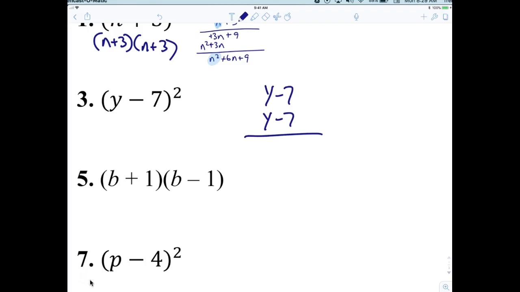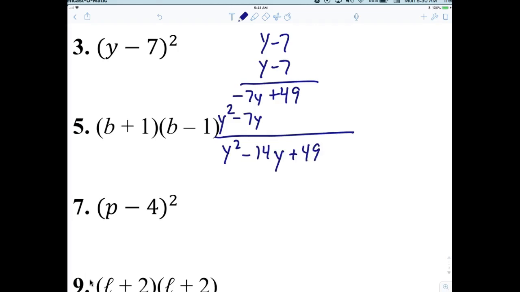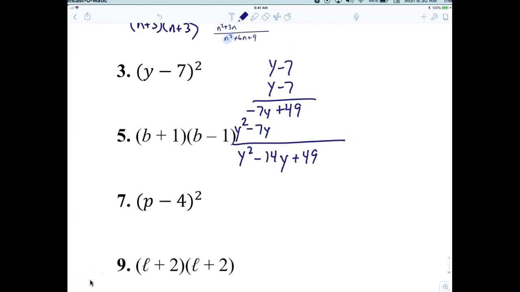So y minus 7 times y minus 7, positive 49, negative 7y, negative 7y, y squared. Y squared minus 14y plus 49. Anybody have any issues with that? Any questions with number 3? It's really simple.